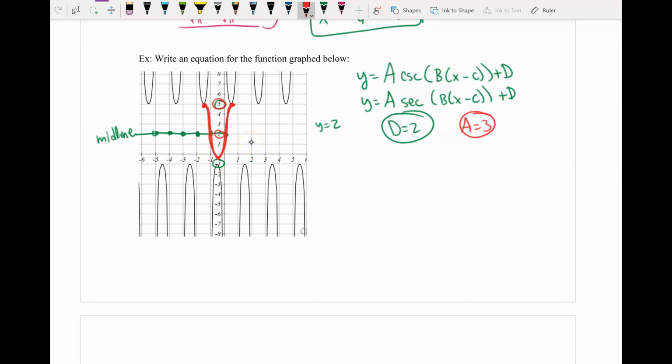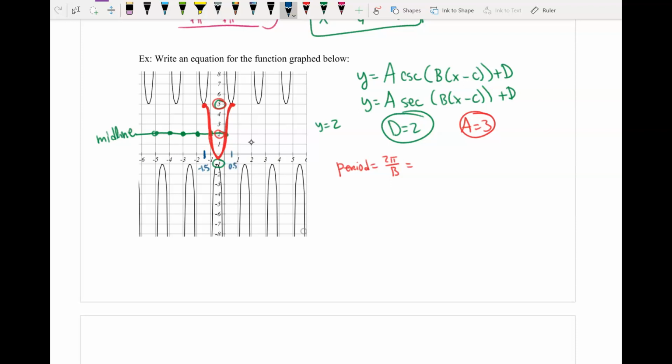So using cosine, let's go ahead and figure out what exactly is happening here. So for one thing, I can take a look at my period, b. So my period is equal to 2 pi over b. If I take a look at when it completes one cycle, it completes one cycle from this point, which is about -1.5, all the way to 0.5.